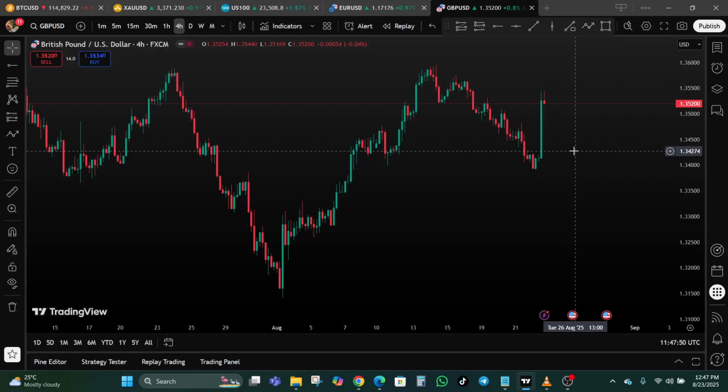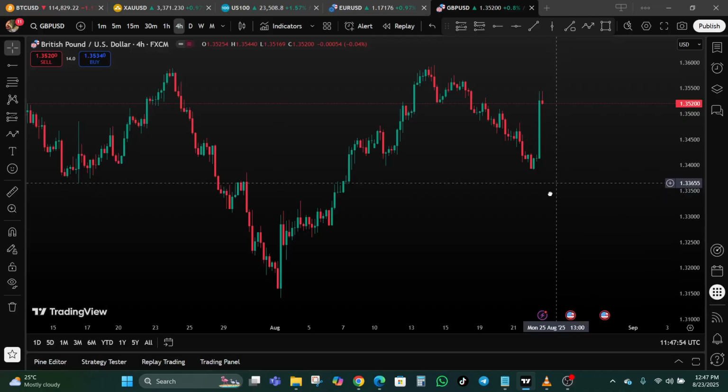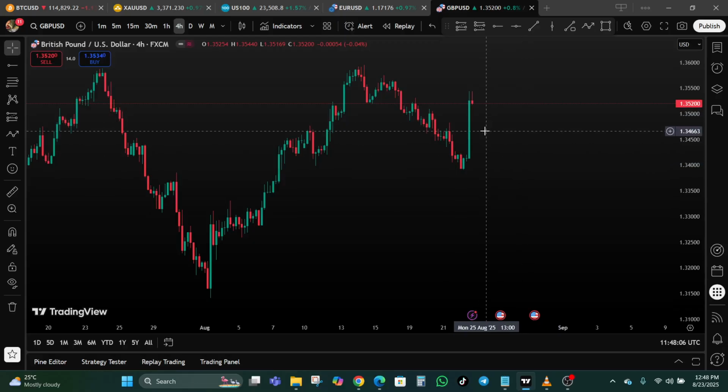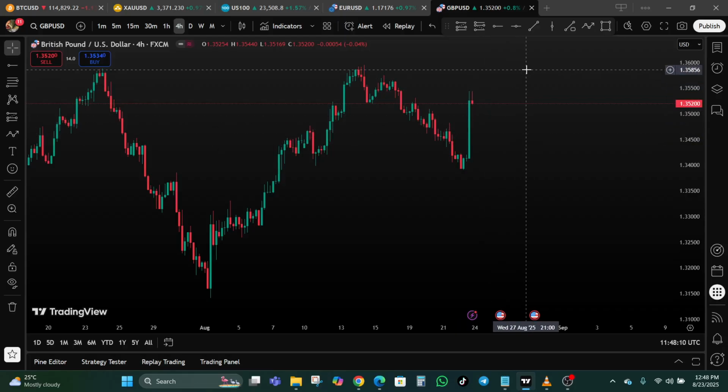Why is this important? It's important because it explains one of the most important questions that traders ask, which is, why does price always come back to certain areas before moving again?